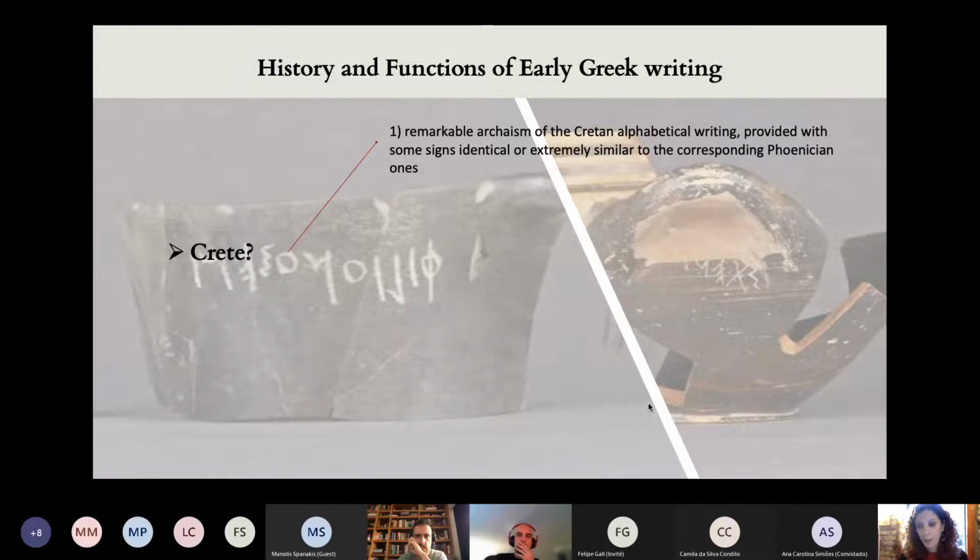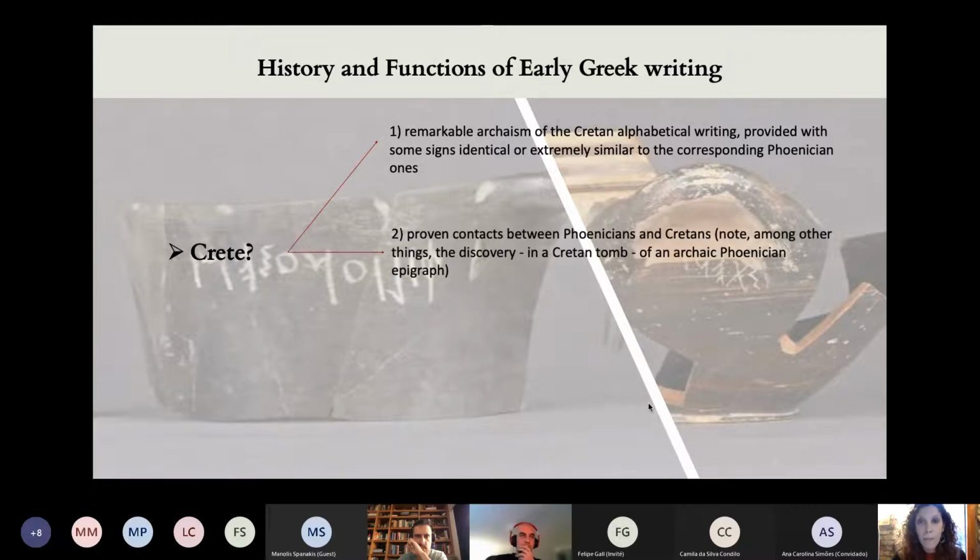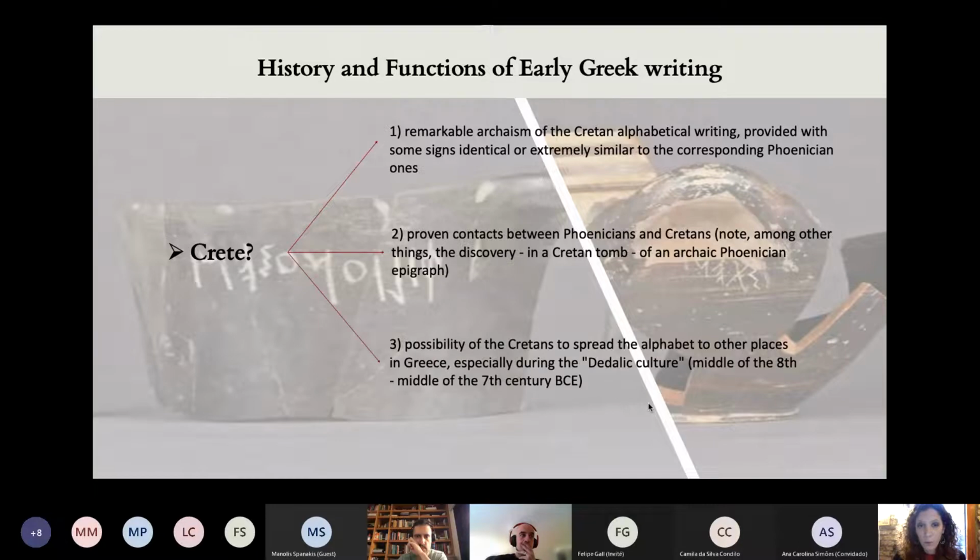So according to Guarducci, this could be one of the reasons to use as an argument. And also the Phoenicians and Cretans had several contacts, so it was very clear that the island could be the environment in which they had contacts and created a network.